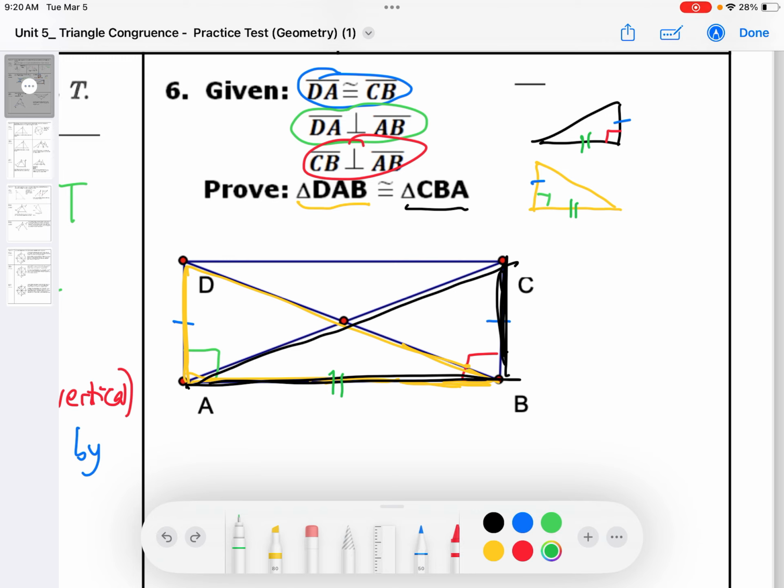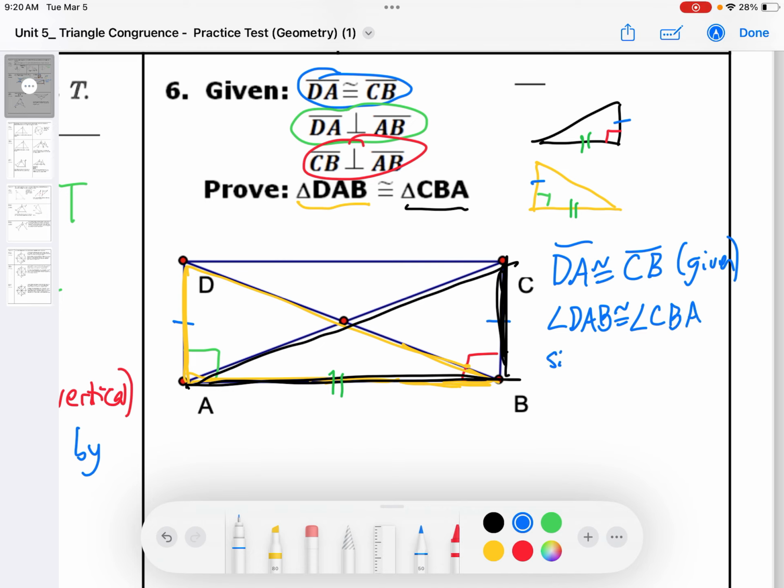We'll start off by saying DA is congruent to CB because it's given. We'll then say that angle DAB is congruent to angle CBA, since they're both 90 degrees.